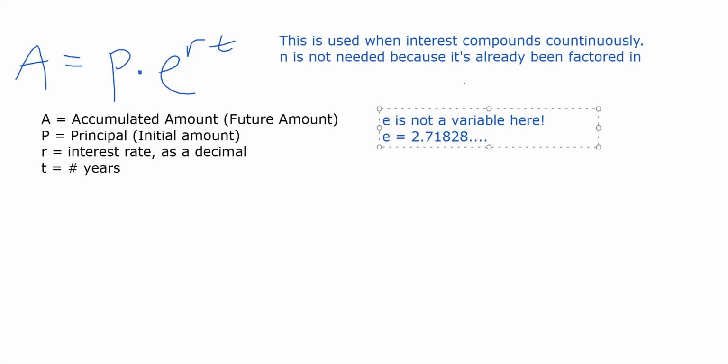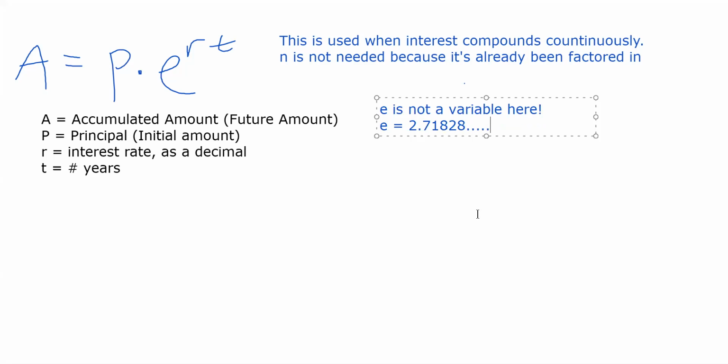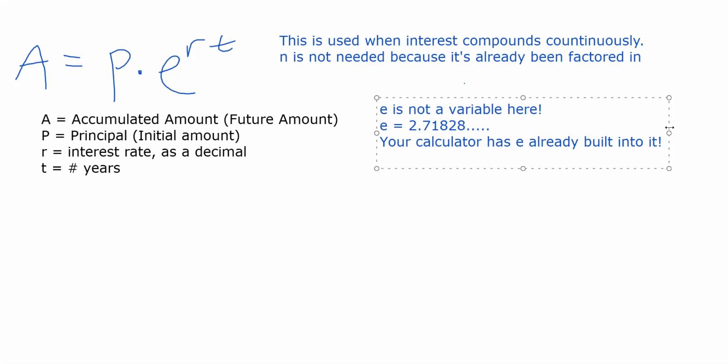And just like pi, E goes on forever and ever and does not have a repeating pattern. E, in fact, is said to be irrational. Your calculator has E already built into it. Because E is so famous, your calculator already knows what E is on day one.